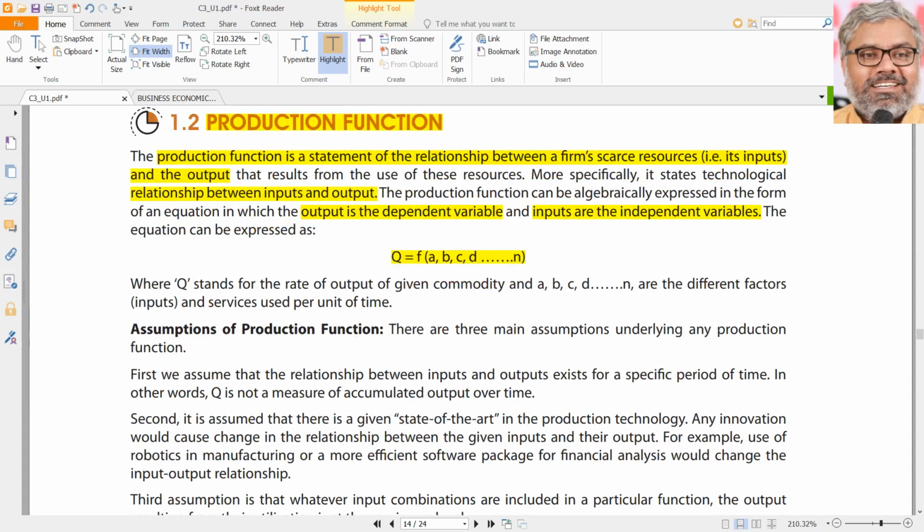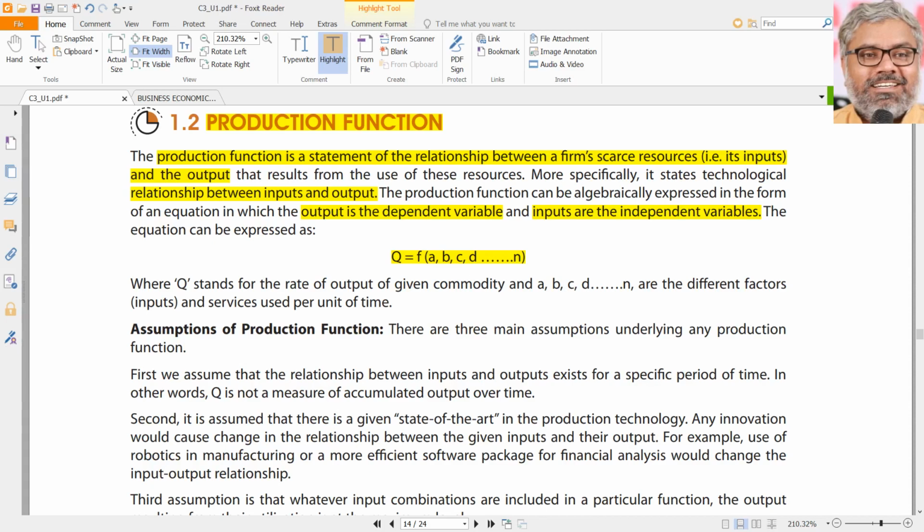Once again, we are not going to establish the relationship between Q and A, B, C, D. That is way beyond our level of understanding and requirement. But what we are going to know is that there is a relationship, that's all. What is the relationship, how they are related, what is the actual production function of a particular factory.